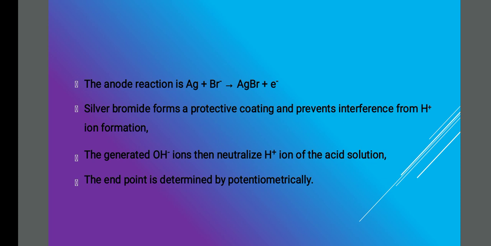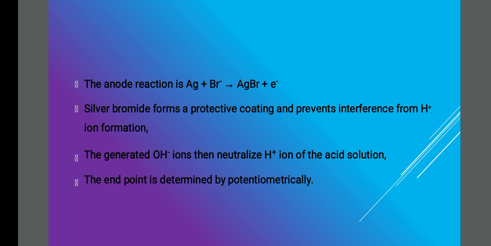Then applications of coulometric titration, we have 4: neutralization titration, precipitation titration, complexometric titration, and redox titration. Only one application we are going to see for today's class. It's acid base titration, otherwise called neutralization titration.